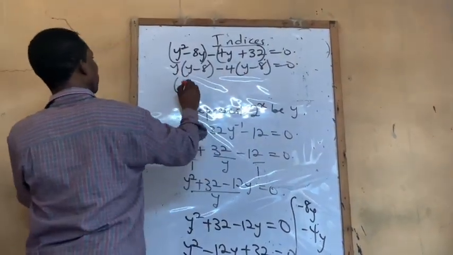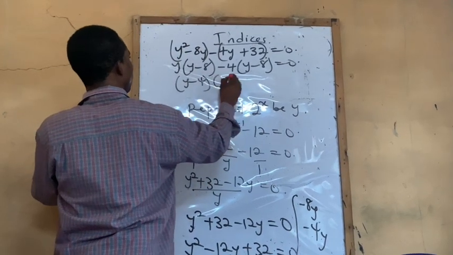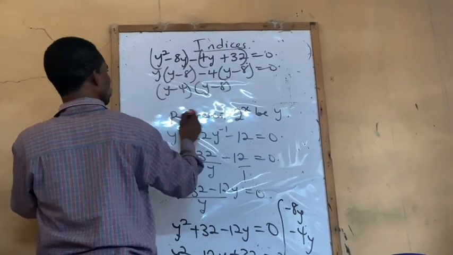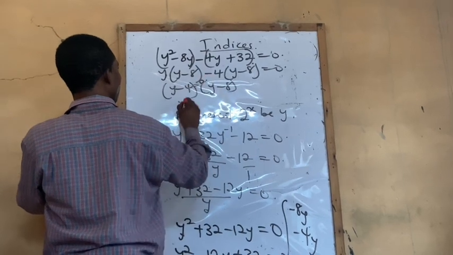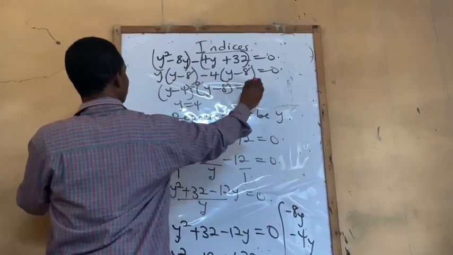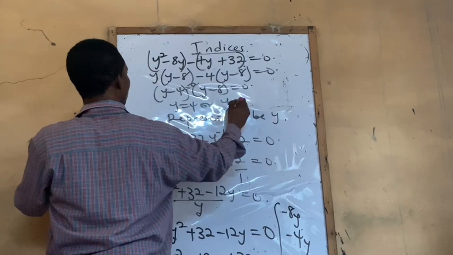So we have y minus 4, y minus 8. If I equate this one with 0, it's going to give me y equals 4. If I equate this one with 0, it's going to give me y equals 8.